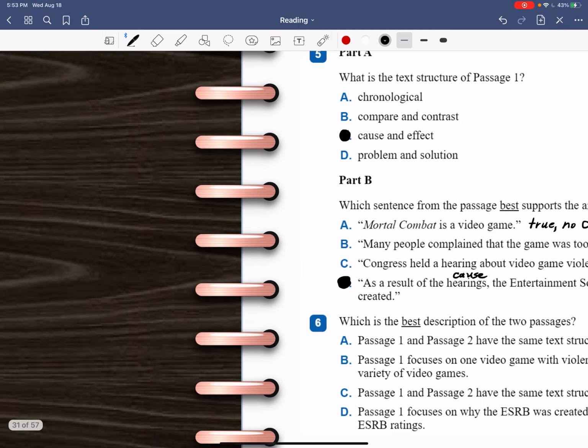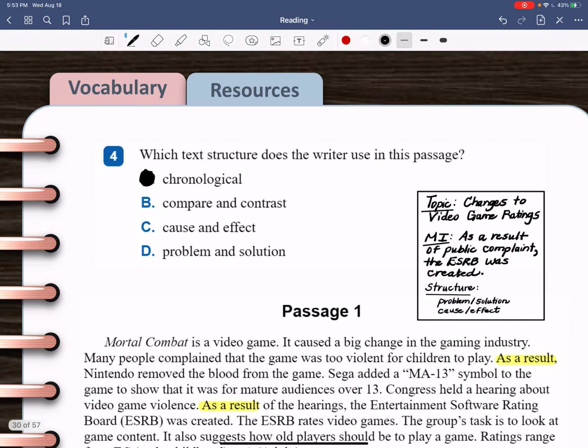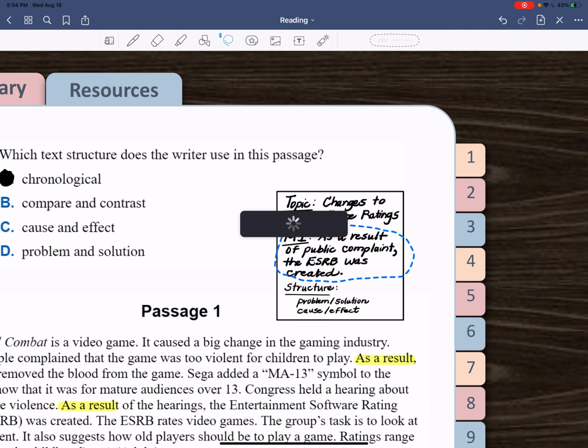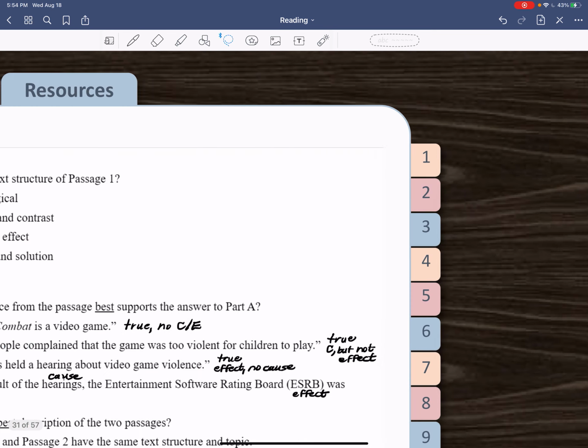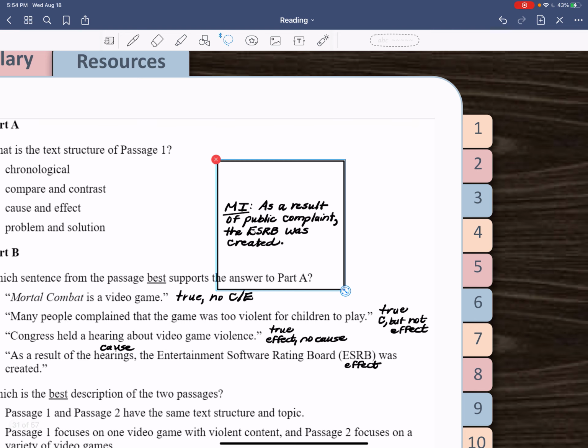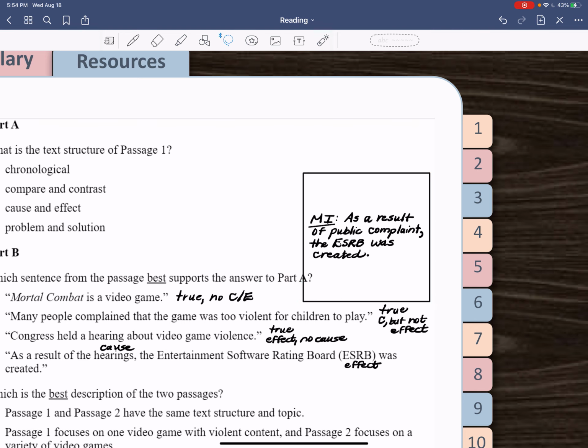And let's just look back a second at what we came up with. I want to show you this. Look at my main idea sentence. And I'm going to just copy it and bring it right on over here. Now, we didn't look at the questions. We didn't know this question was coming. But look at my main idea and at how close these 2 are. Let me take this away.